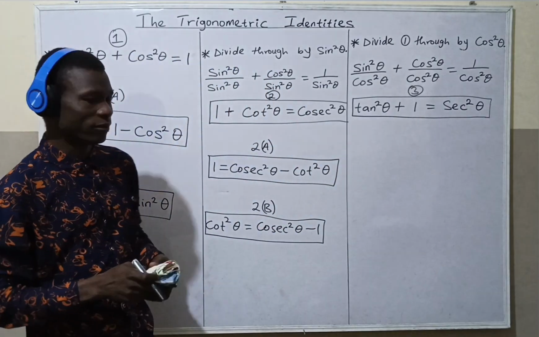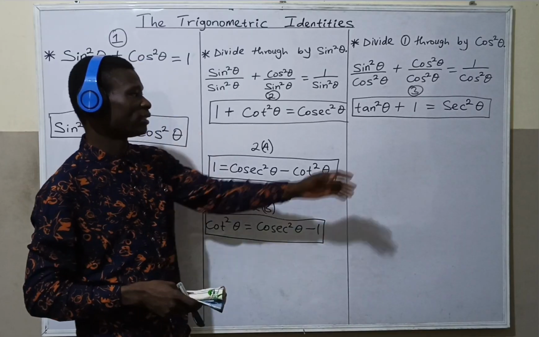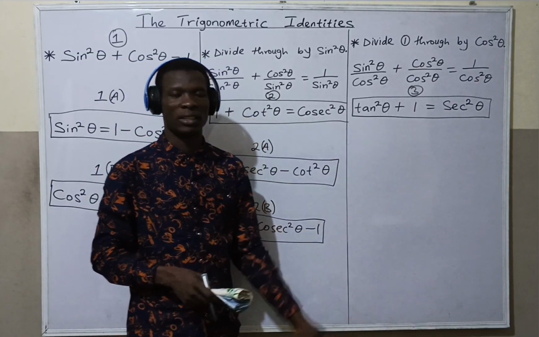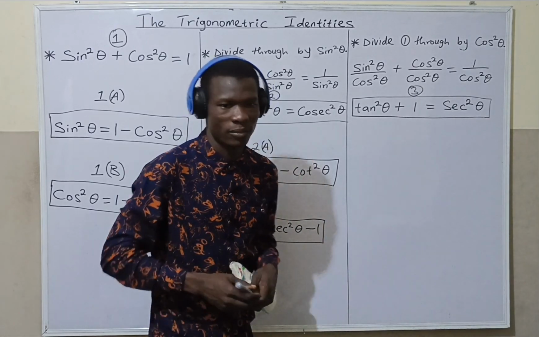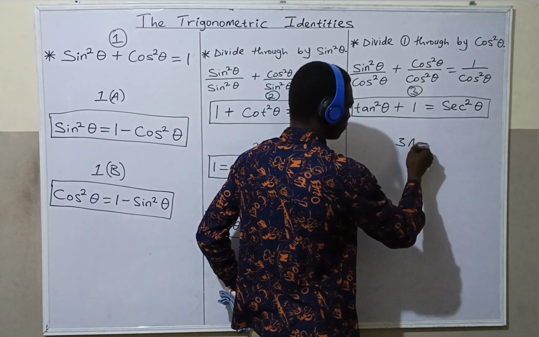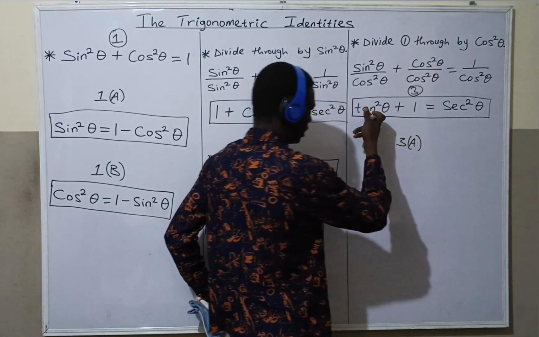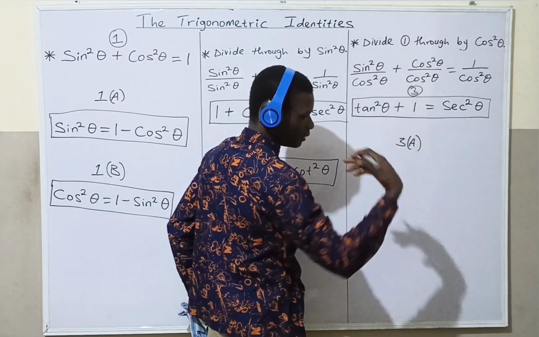And I want to believe, just like I'm reading your mind, that you're already guessing what identity number 3a is going to be and what identity number 3b is going to be. So let's run through that very quickly. So identity number 3a is for you to make either tan² theta the subject of the identity first of all, or you make 1 the subject of the identity.